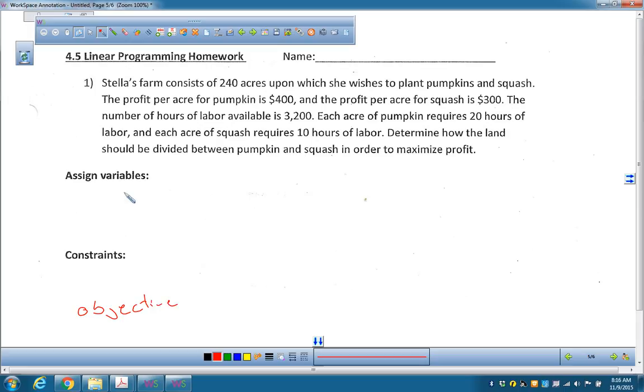So what do we have? Pumpkins equal acres, right? It's acres, isn't it? P equals acres of pumpkins. And S is equal to acres of squash.